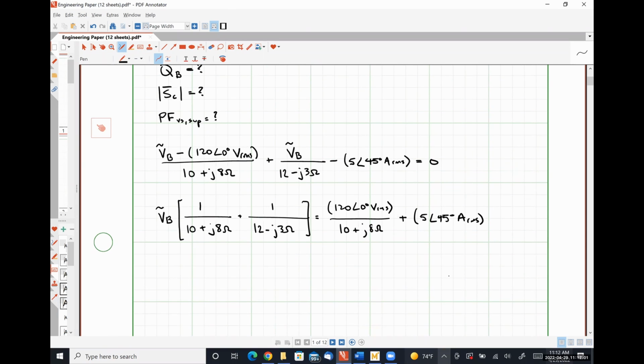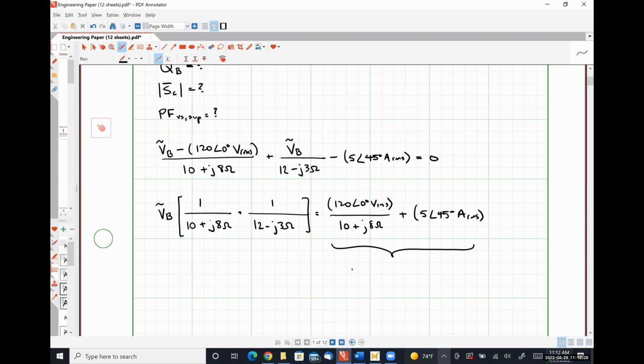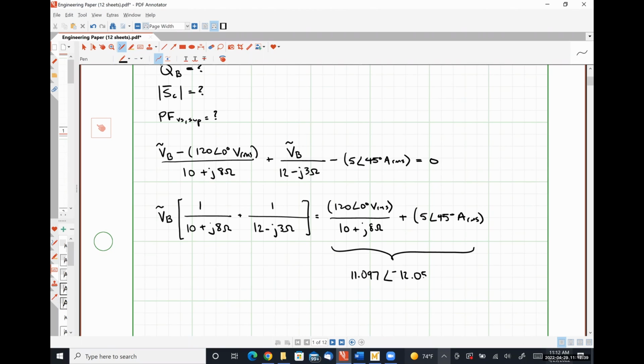So I can say that this bit over here on the right, 120 angle 0 over 10 plus J8 plus 5 angle 45 looks like 11.097 angle negative 12.057 degrees amps RMS.